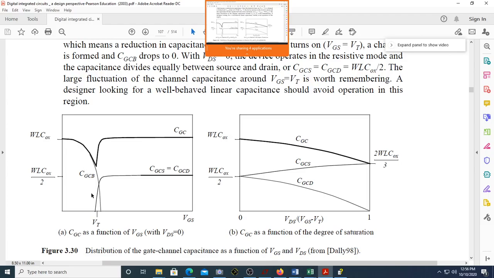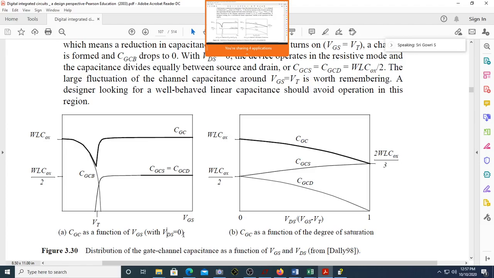You can see that once the MOSFET turns on, the overall gate-to-channel capacitance towards the bulk becomes 0. Whatever capacitance you have to the source and drain will be equally divided. Here VDS is 0.